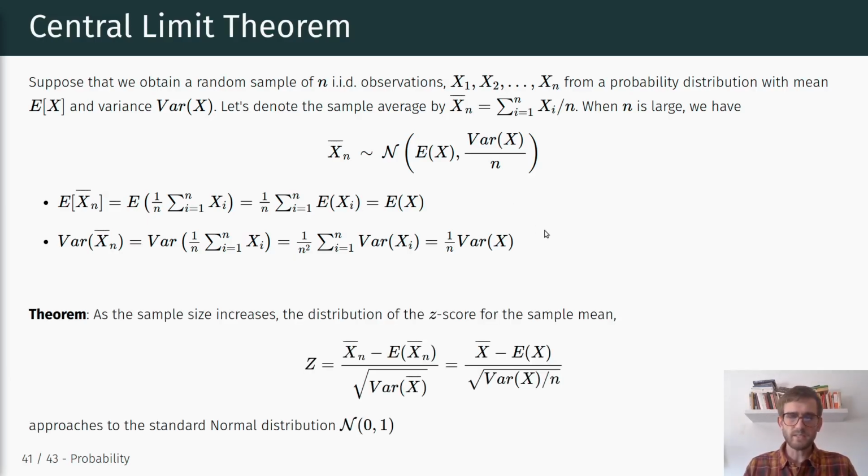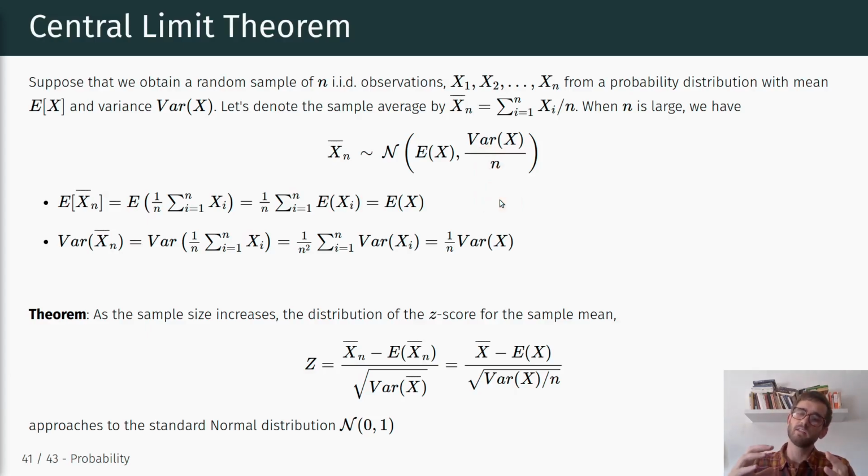Okay. So the central limit theorem ultimately states that as the sample size increases, x bar approaches a normal distribution with the mean of the expectation of x and the variance equal to variance of x divided by n.